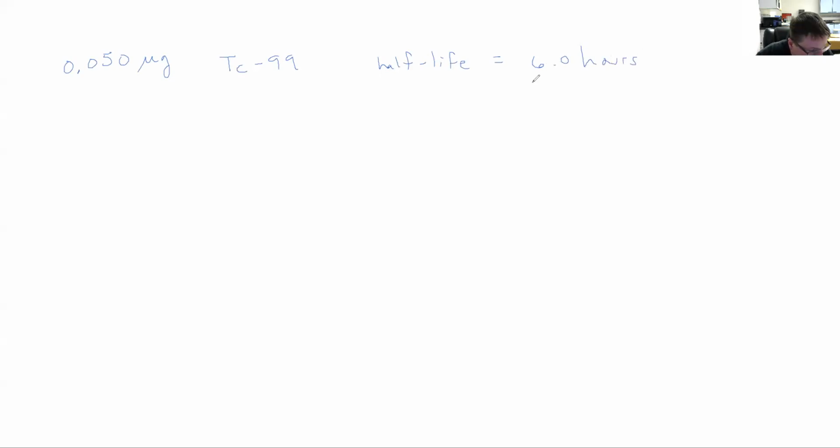So relatively short half-life, probably used for imaging or something like that. And we want to know how long to decay to 1 times 10 to the negative 3 micrograms. So they're given 0.05 micrograms. How long does it take to decay to there?